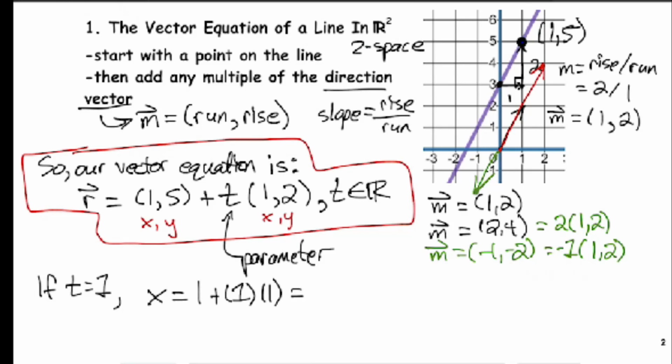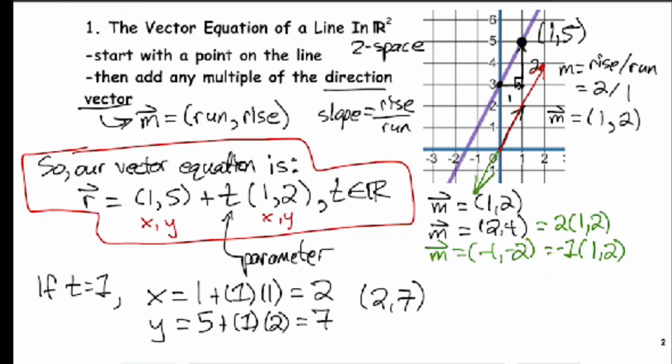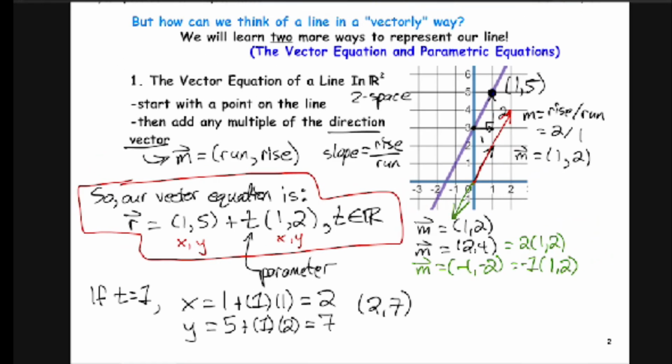So x is going to have a value of 2. My y components are going to be 5 plus my parameter of 1 times my y value, which is 2 for my direction vector. So I'm going to get 5 plus 2 is 7. And so this represents the point on my graph 2, 7. Is that allowable? Is that fine? Yeah, let's sketch that on a graph. So I'm going to go over 2 and up 7.